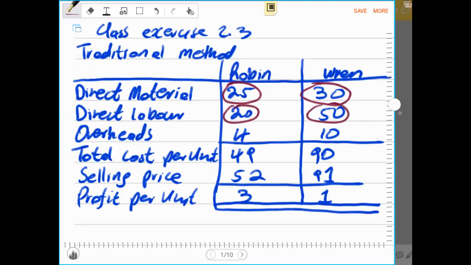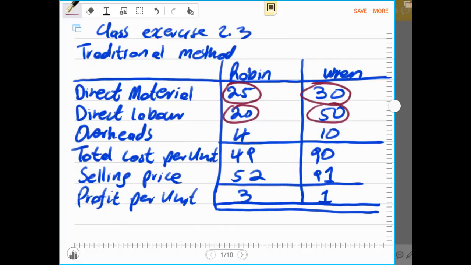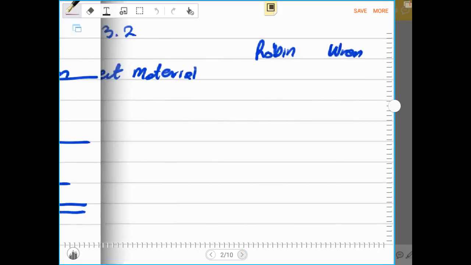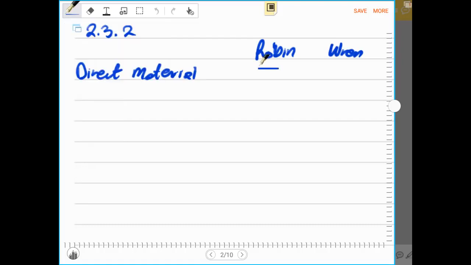Those two costs do not change because they are directly related to production, and we can trace them and just allocate them to where they belong. So we take 25 and 30 rand, our direct material and our direct labor.